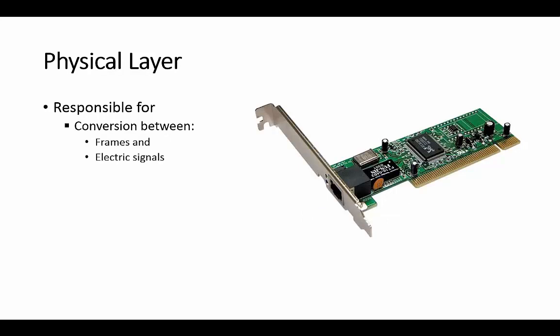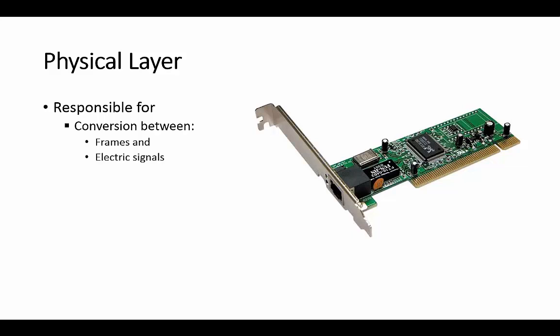Finally, the physical layer is responsible for conversion between frames and electric signals, because at some point the frames have to be converted into electric signals so that they can be transmitted through the transmission medium, for example, an Ethernet cable.